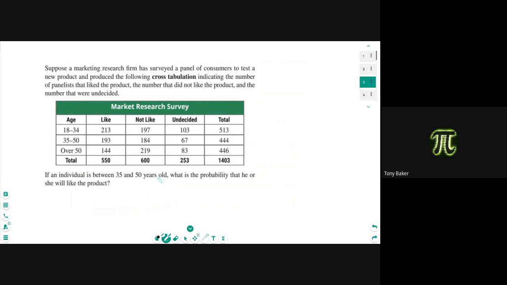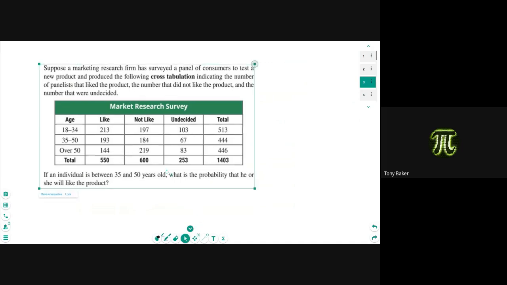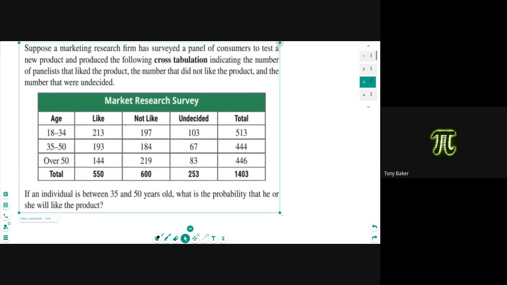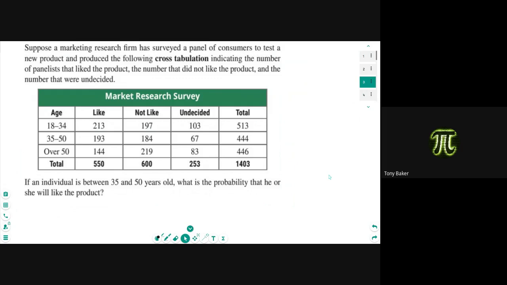All right, so let's look at this one. We had a table like this last class. Actually, let's look at it like we did last class. What's the probability that a person is 18 to 34 years old and likes the product?